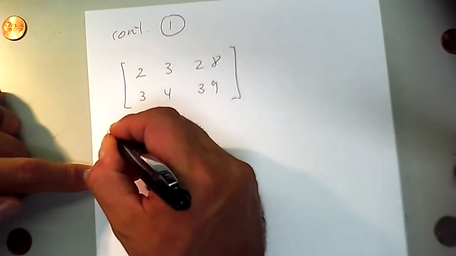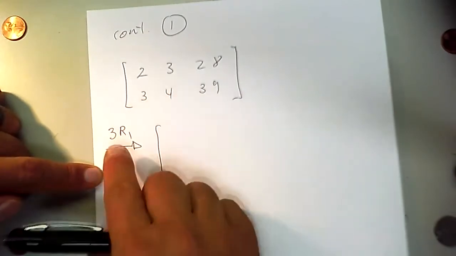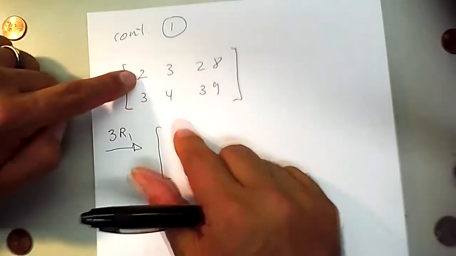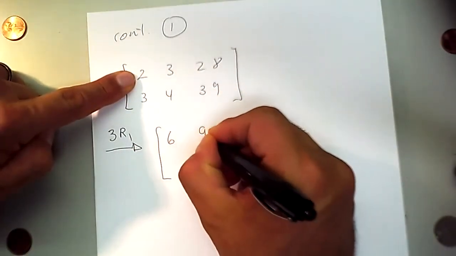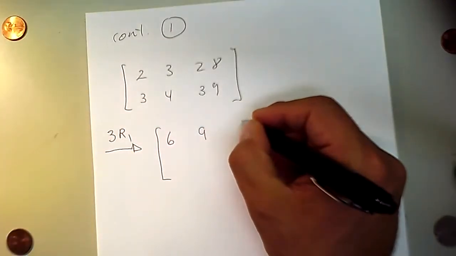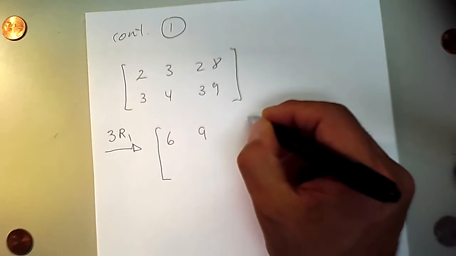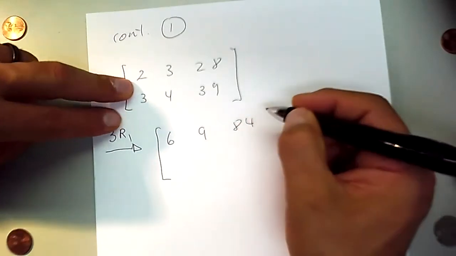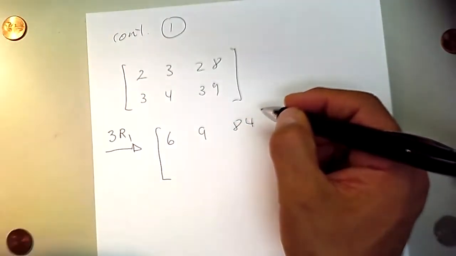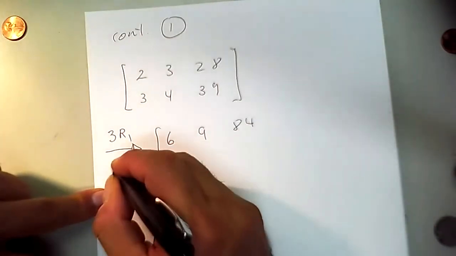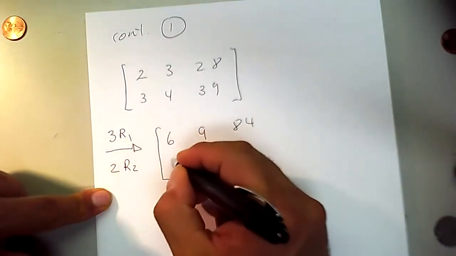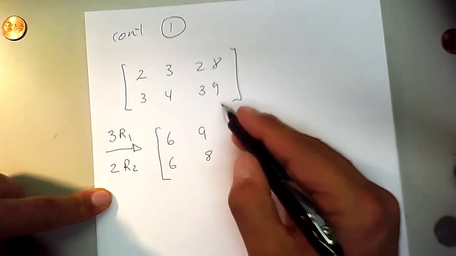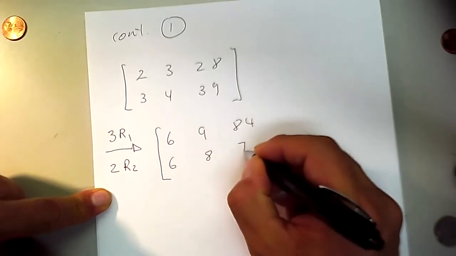So we're going to multiply the first row, R1, times 3, and that means that this row is going to be 6, 9. 3 times 28 is 84. We multiply row 2 by 2: 6, 8, and 2 times 39 is 78.